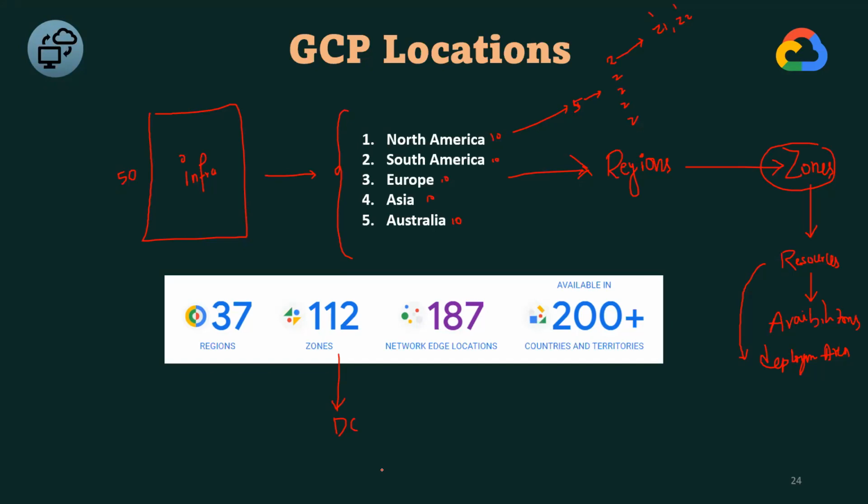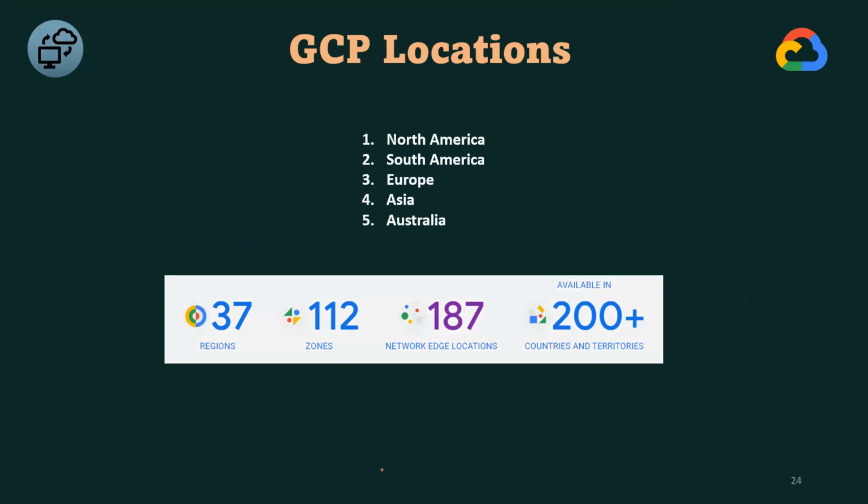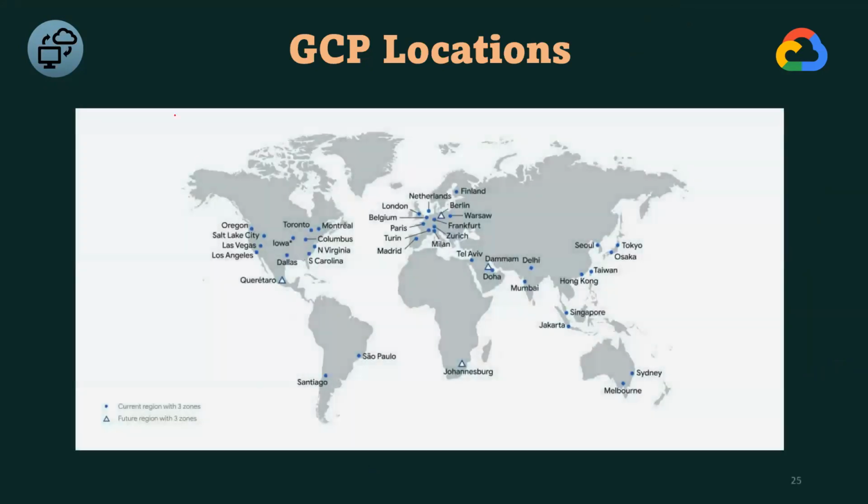Okay, in short, Google Cloud Platform has five locations. Those five locations are further divided into regions and zones. Why are they doing it? It's because the availability of the service has to be maintained. For example, assume GCP's infrastructure is only available in North America, and not in any other countries or locations.